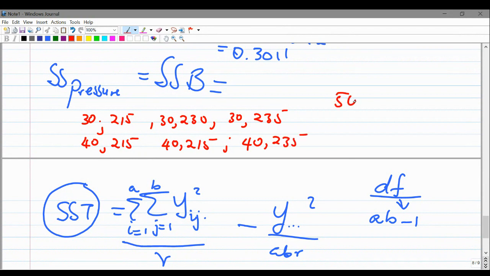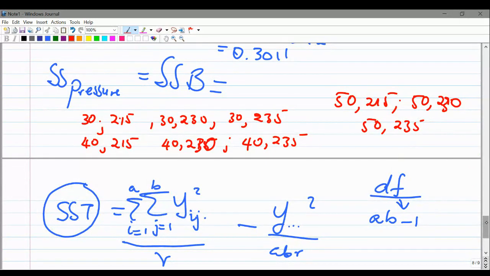The last one is 50, 215; 50, 230, sorry; and then the last one is 50, 235. When you count them, 1, 2, 3, 4, 5, 6, 7, 8, 9. It's true, it's 9.